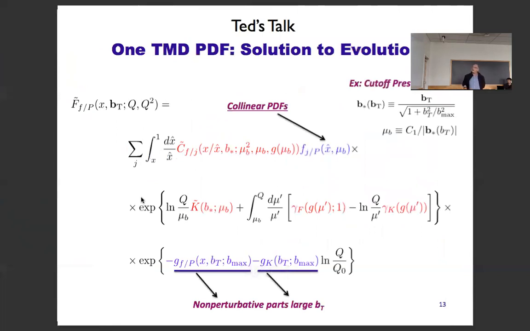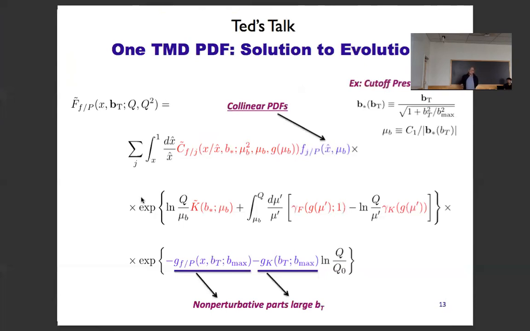So this is Ted's slide from the other day, where he uses a capital letter for the TMD in B-space, and you can see that it's written in terms of refactorizing this piece here in terms of the OPE, where these are the coefficient functions, and these are the collinear PDFs.